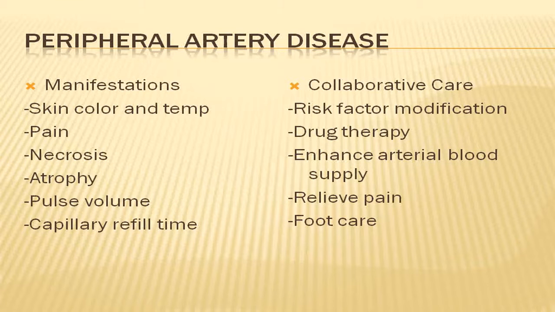As we already talked about, we see the intermittent claudication happening as a result of inadequate blood supply. It's a cramping that occurs because blood is not flowing in adequate amounts to that part of the body. But as we mentioned before, if this person rests, then the pain tends to stop, if it is indeed intermittent claudication.